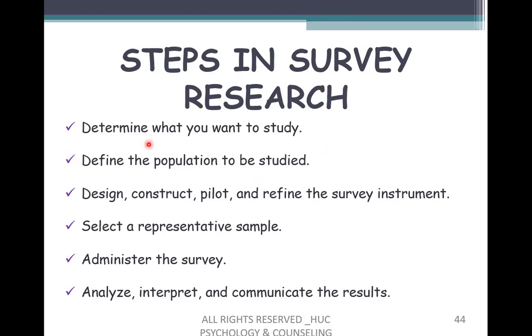The first thing is to determine what you actually want to study. Next, define the population. The third step is to design, construct, pilot, and refine the survey instruments. What are the instruments that you need to carry out your survey research? Next, select a representative sample out of the population.